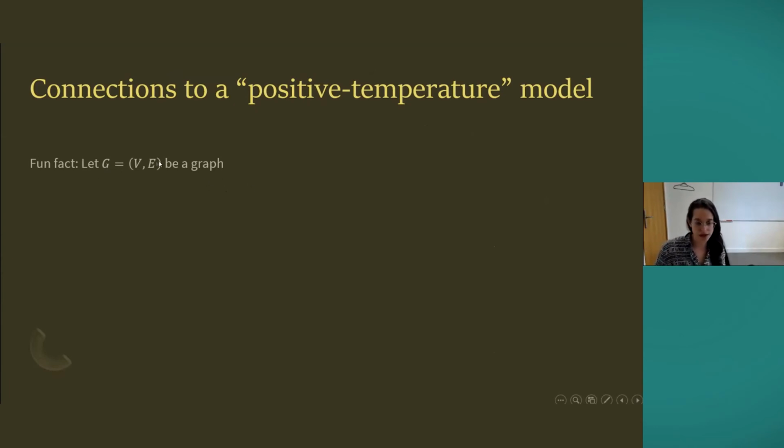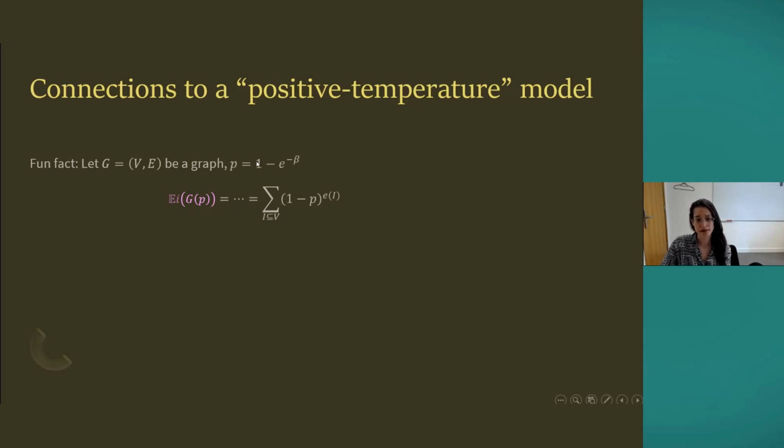So assume that we have a graph, and we want to calculate the expectation of the number of independent sets of a random subgraph of this graph. After very few calculations, we can get this sum for the expectation of the number of independent sets.